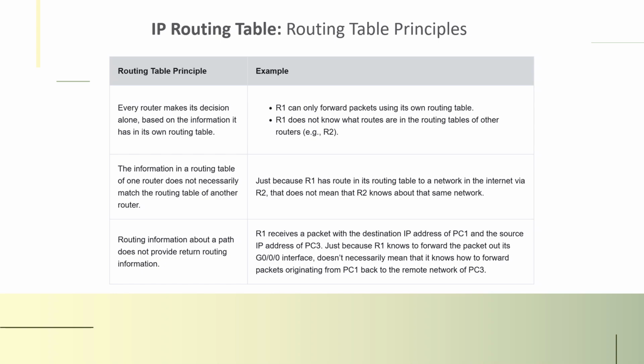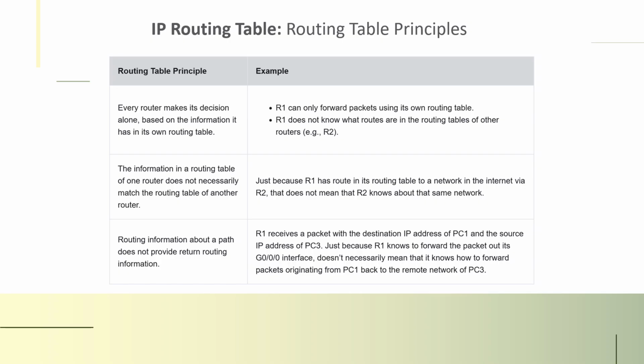Every router makes its decision alone based on the information it has in its own routing table. In this case router 1 can only forward packets using its own routing table, and router 1 does not know what routes are in the routing table of the other router, for example router 2.